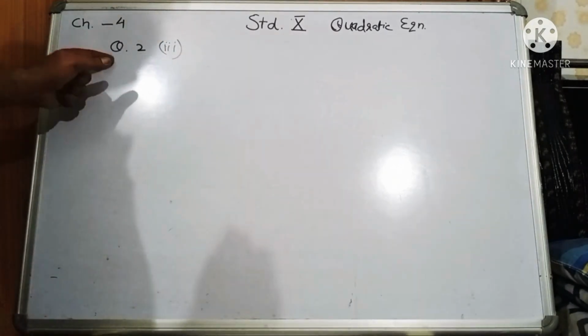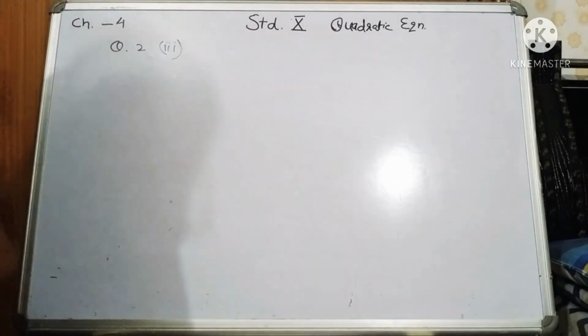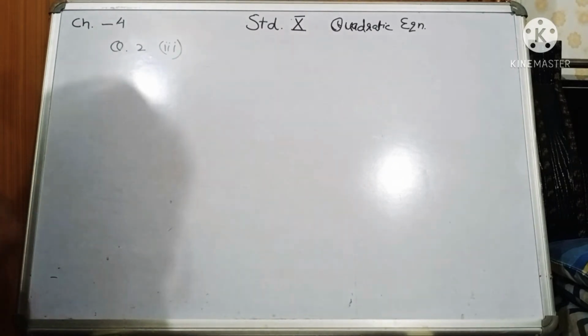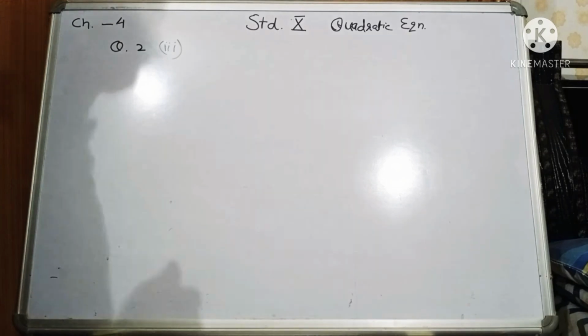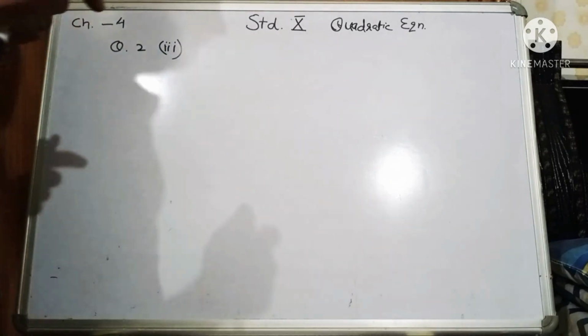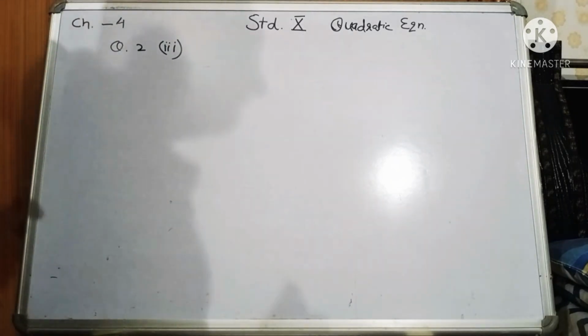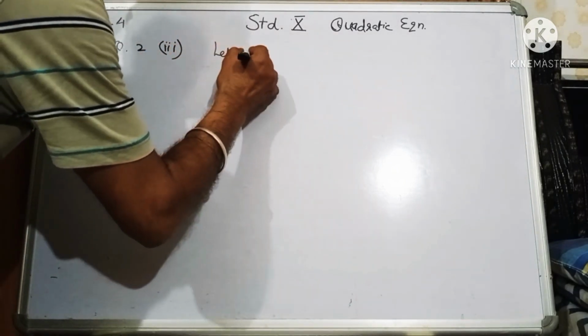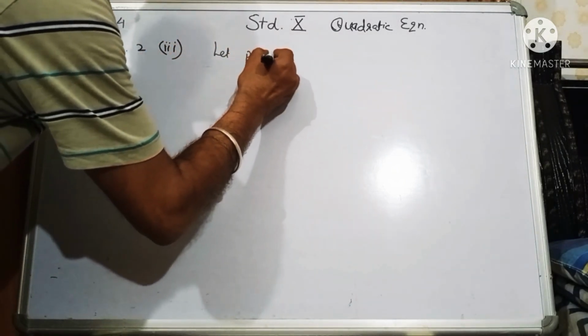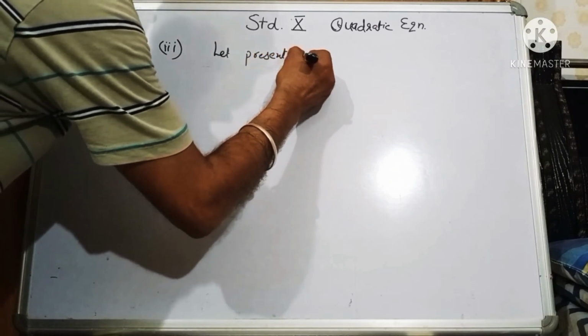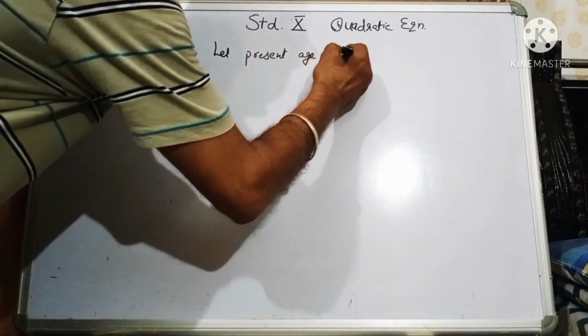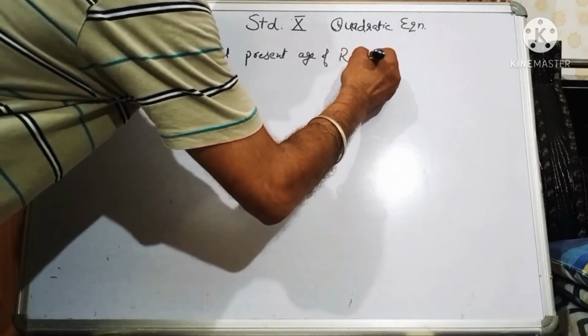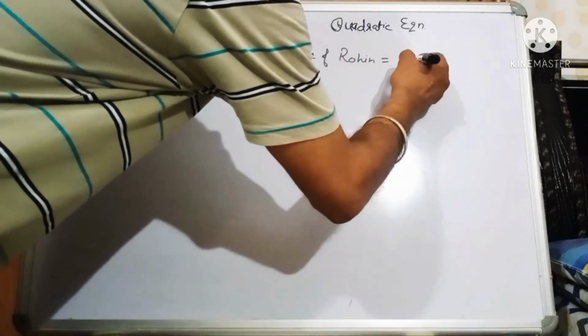Now see question number 2, part 3. Rohan's mother is 26 years older than him. Let the present age of Rohan be equal to x years.